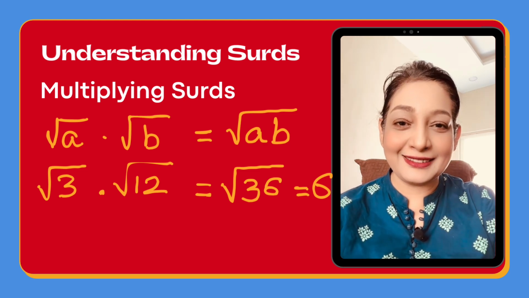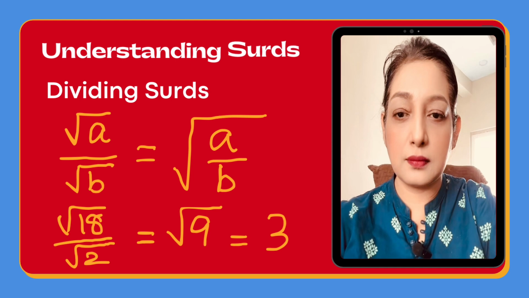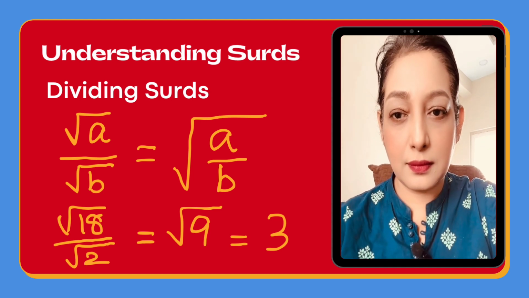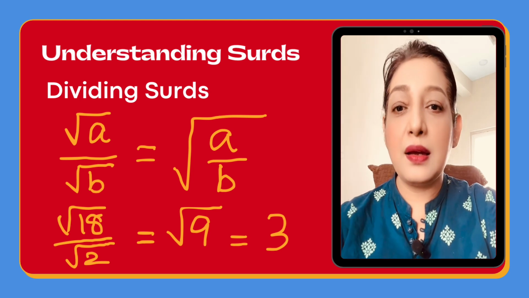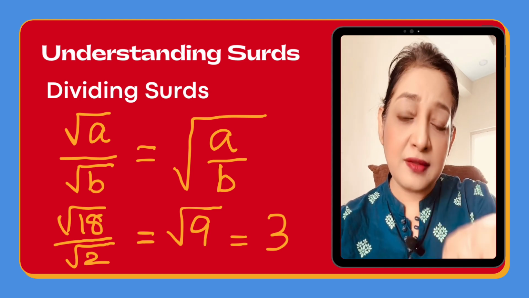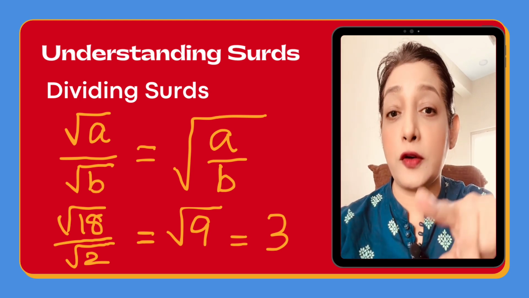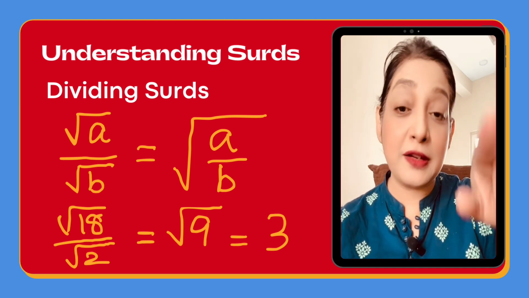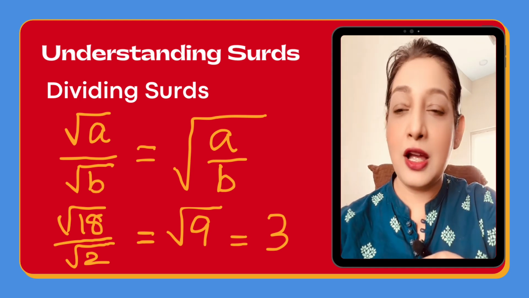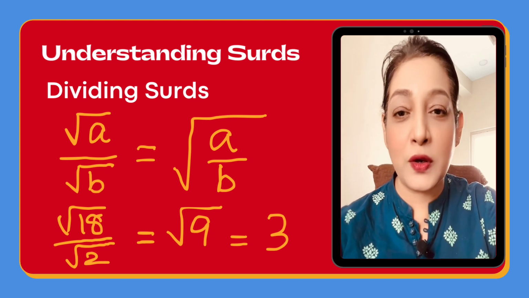Showing on the screen. Now, dividing surds. Square root of a divided by square root of b we can write as the whole square root of a divided by b. Showing on the screen. Also, I am showing an example.